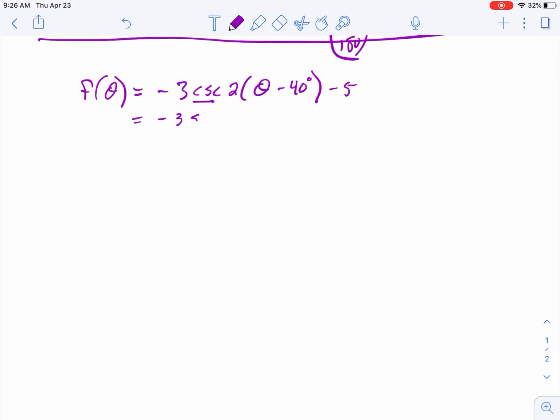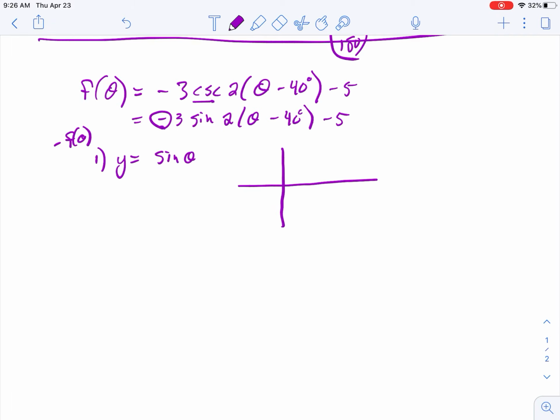So the first thing you've got to remember is we are going to graph out sine of 2 times (theta minus 40 degrees) minus 5, and basically flip it. Okay, so going through my parent graphs, I'm going to graph out sine of theta, and realize there's a negative out here.